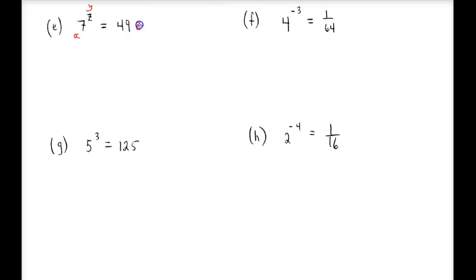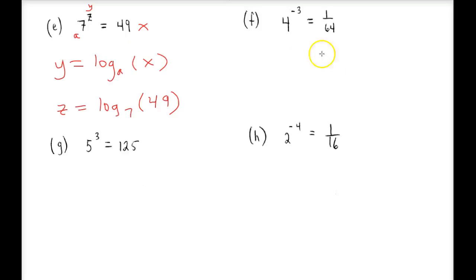So I need to erase that and put a Z. Sorry, not a Z, but an X. So here that means Y is equal to log base A of X, which means Z is equal to log base 7 of 49. Of course, if we were solving that, we'll see later on that the actual answer would be 2, because we know 7 raised to the second power is 49. But for right now, we're just asked to convert from one form of the equation to the other.